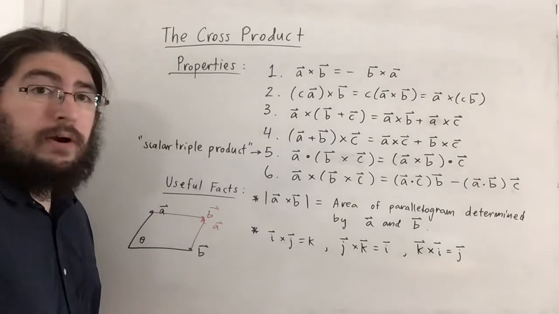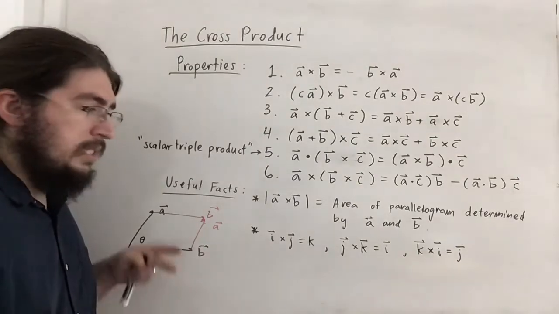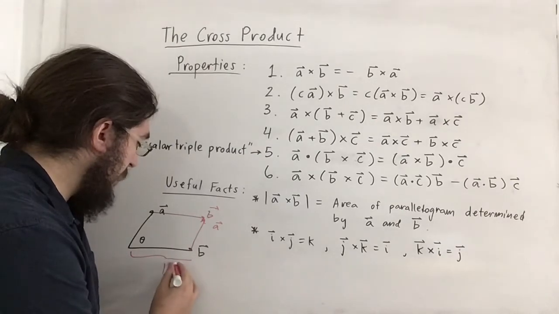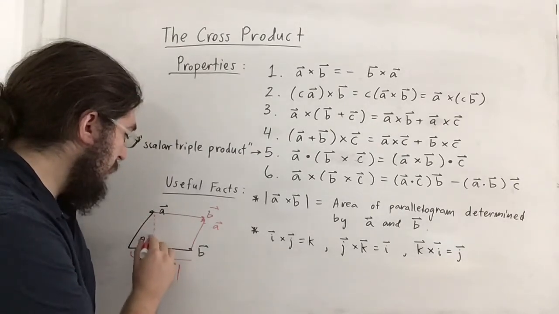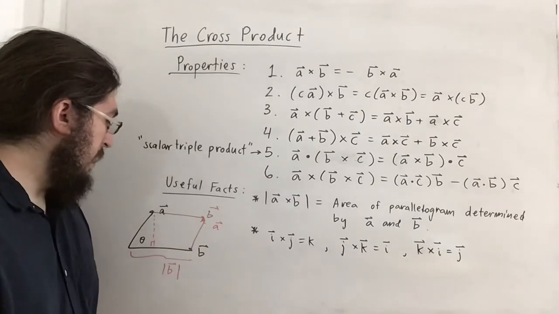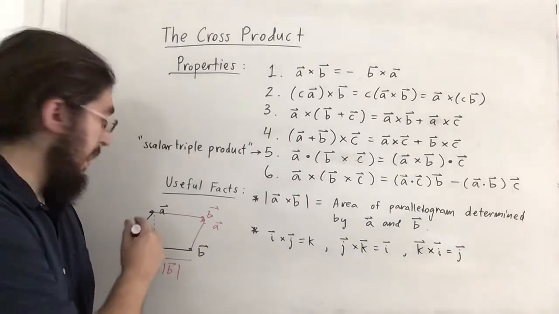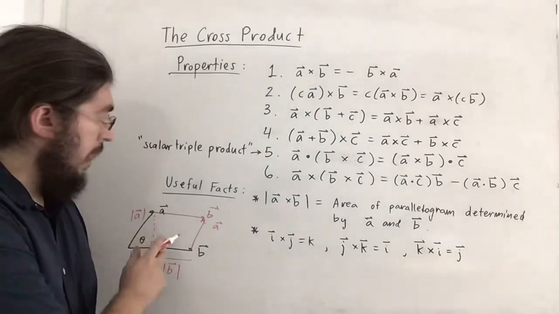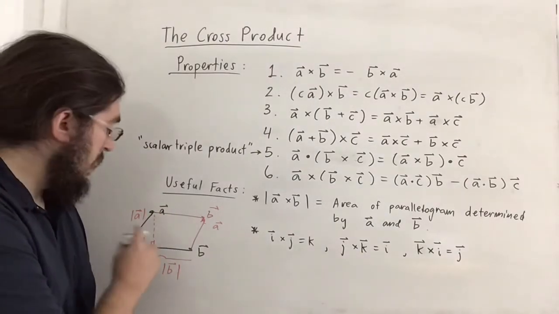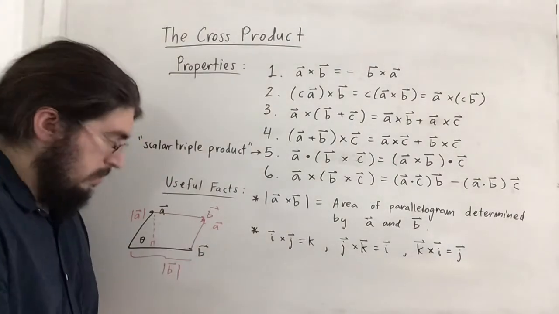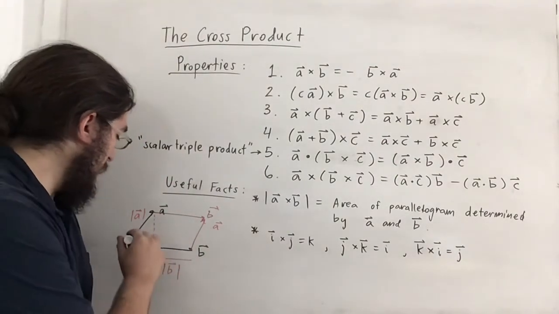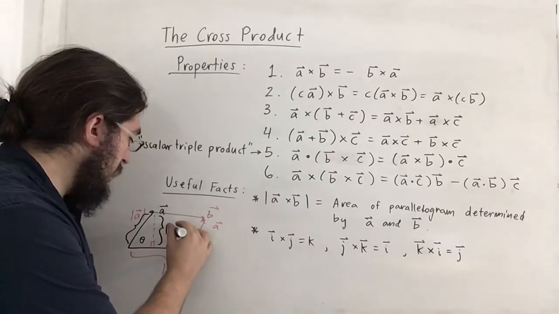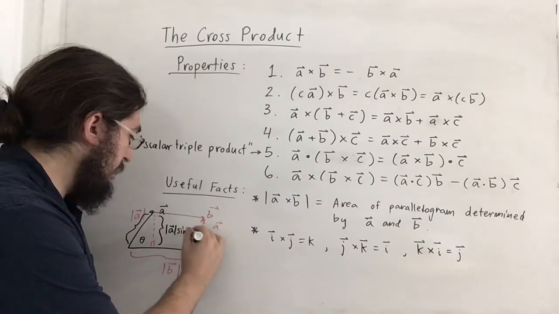Now the area of a parallelogram, if you don't know from geometry, is just the base times the height. Now the base here will have length magnitude of B. And the height, using trigonometry, involves sine, because this length is the magnitude of A, and sine of this angle is opposite over hypotenuse, so this has to be the magnitude of A times sine of the angle.